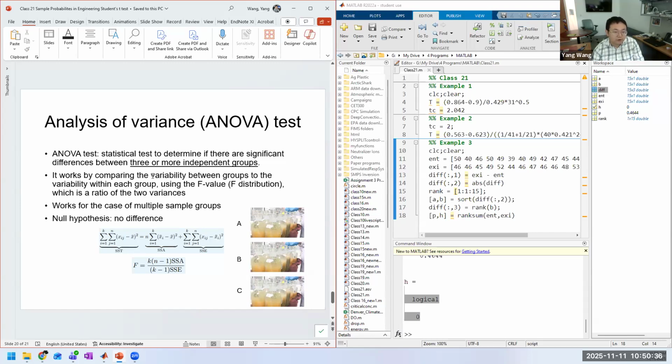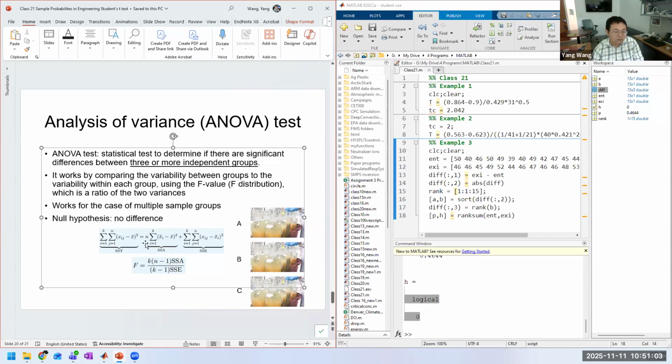It works by comparing the variability between groups to the variability within each group. It assumes that if they are indeed from the same group, then the population's variance is going to be similar to the variance in each group. So it uses the F value, which is a ratio of two variances: the variance of the entire group and the variance within each group.